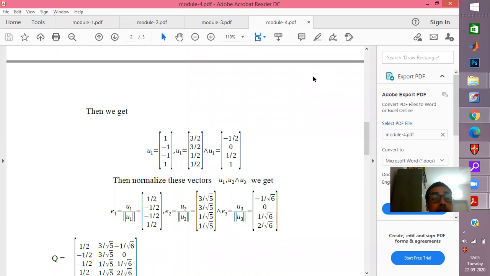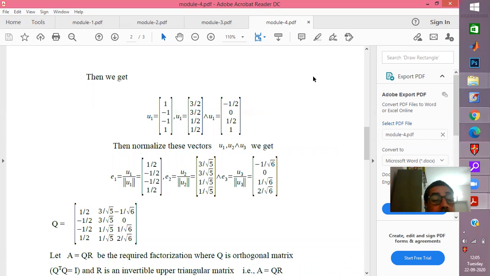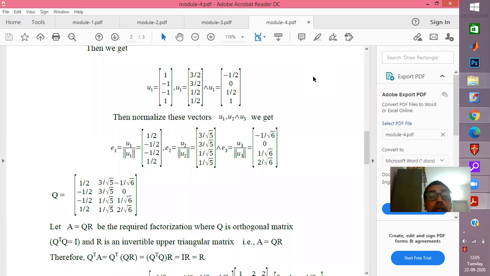So let's see how it can be done. Let us start with u1 as the first column of A, u2 the second column, and u3 the third column. Then we have to transform these 3 into orthogonal vectors which are mutually perpendicular.